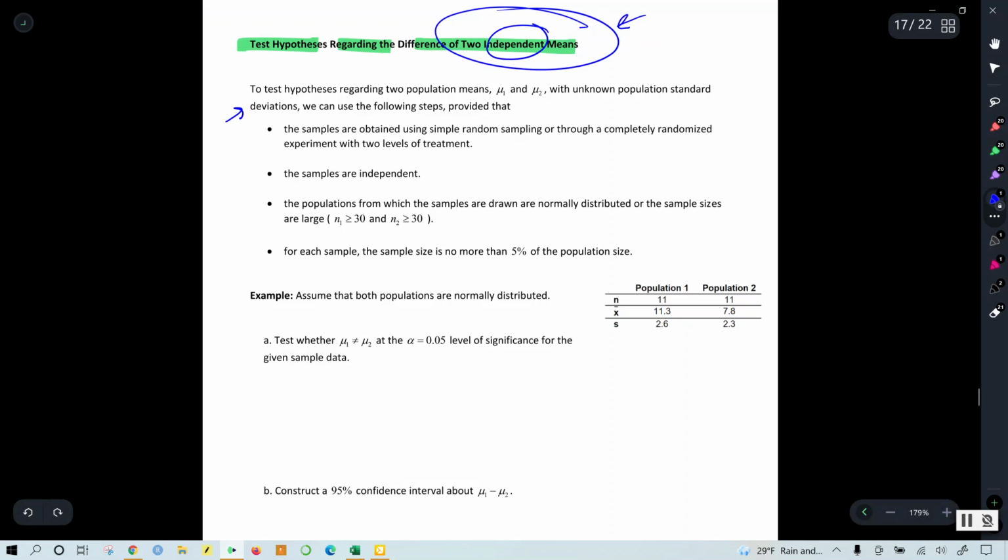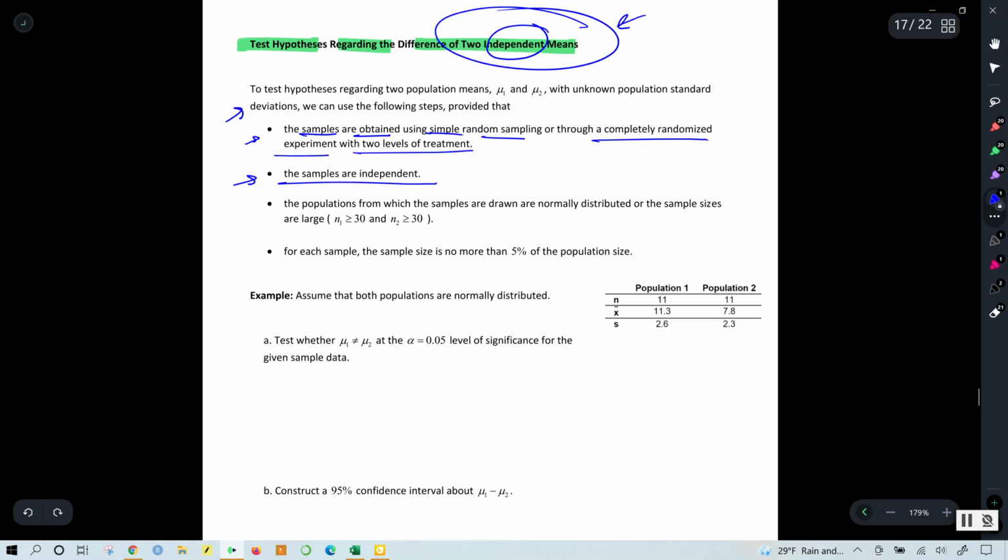In order to carry out this test, a couple of important initial steps must be met, or conditions or model requirements. One, the samples must be obtained using simple random sampling or through a completely randomized experiment with two levels of treatment.